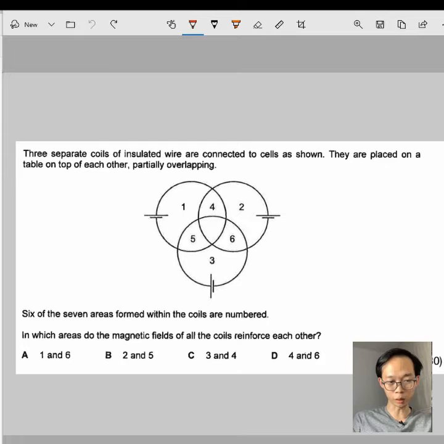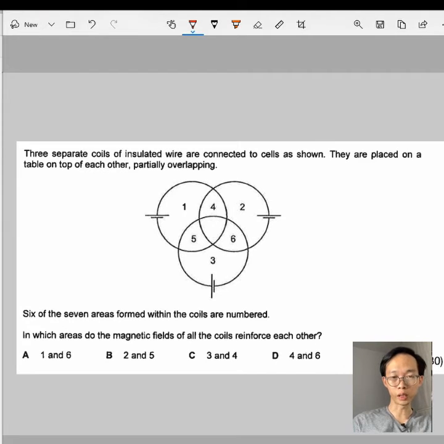Because they are overlapping, in some of these regions the magnetic fields created by the currents are going to overlap, and we are supposed to identify which of these six areas do all three magnetic fields overlap?